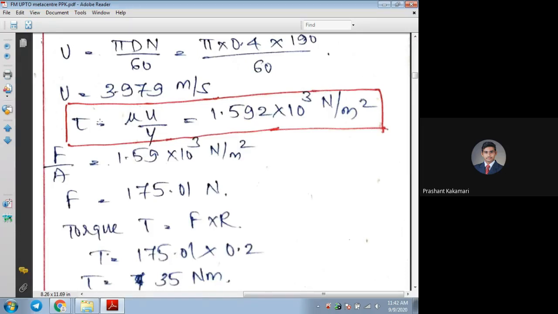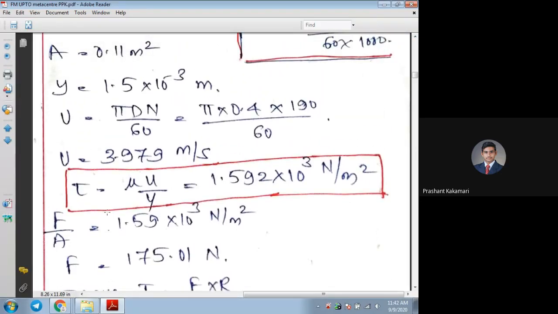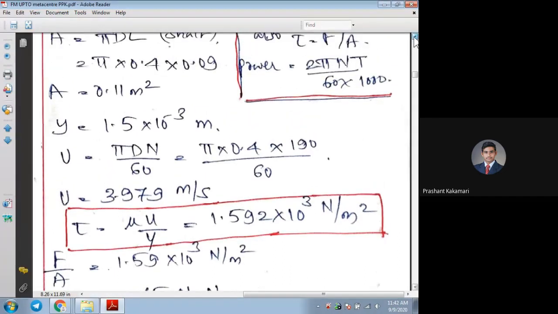Okay. Then viscosity is also given. Y is also given in mm. We can convert it into meters. And by this equation, tau is not known, so I can write directly tau by substituting all these values. Viscosity is how much? 0.6 Newton second per meter square.